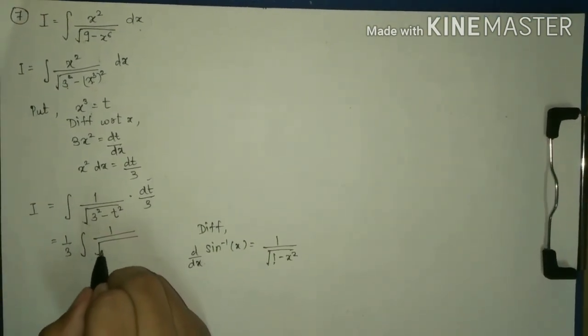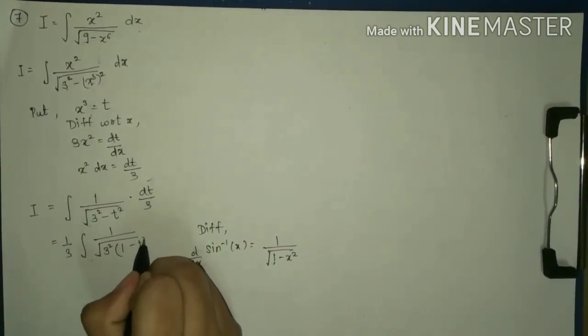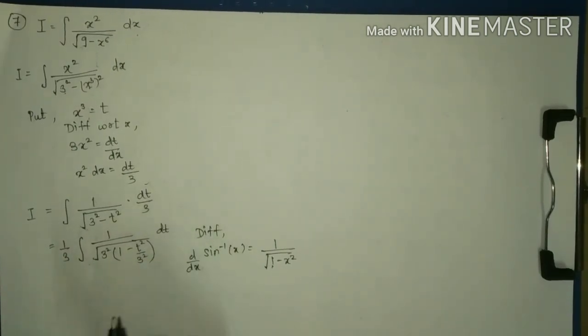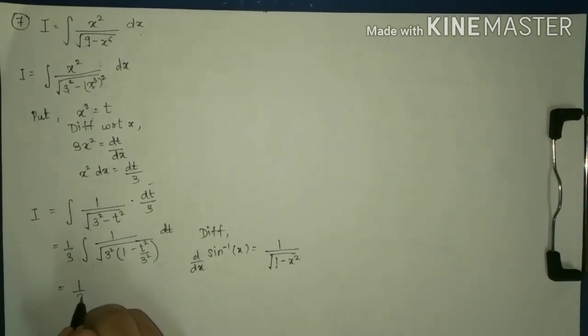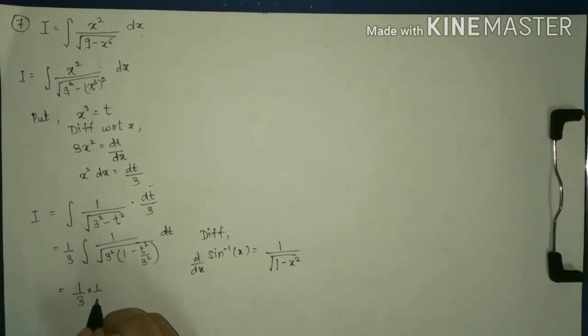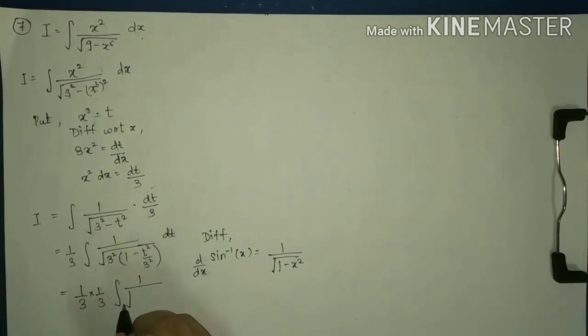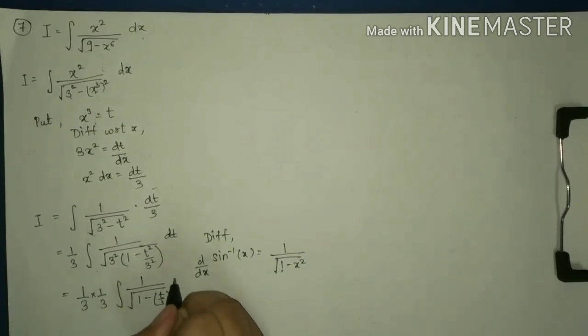So I am taking 3 square out as common. So I get 1 minus t square upon 3 square dt. When I take this 3 square out, the square root gets removed and it becomes 1 by 3 into 1 by 3 integration 1 upon under root 1 minus t by 3 the whole square dt.